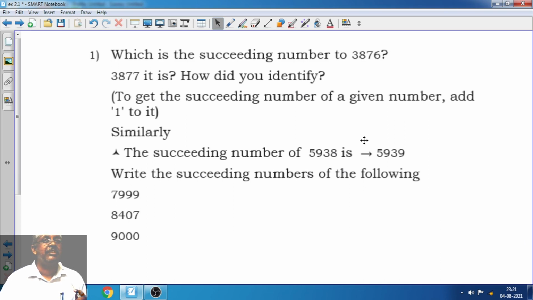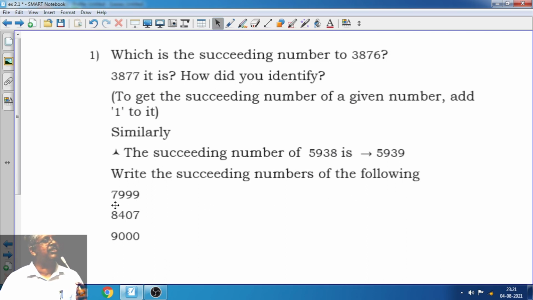3876 is there. What is the next number for 6? It should naturally be 6 plus 1 is 7. So you see this here, it is 3877. Similarly, for 5938, the succeeding number is going to be 5939.